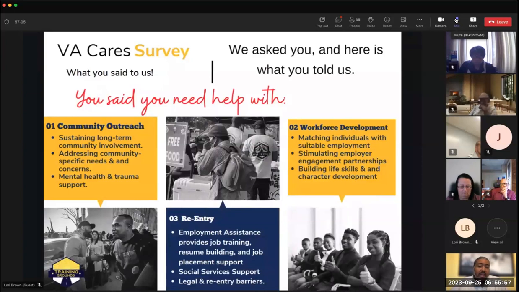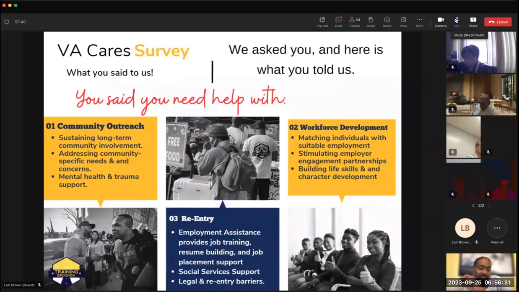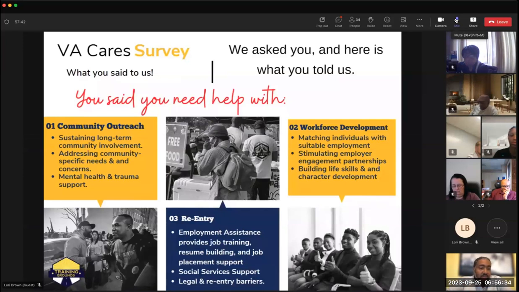You also said that you need support with respect to workforce development, matching individuals with suitable employment. Not just casting a net saying, here are jobs that are out there, but really identifying unique skill sets and making sure that there's a suitable and sustainable employment system in place. As well as stimulating employer engagement partnerships, making sure that we have partners that are committed to our communities and are willing to support and invest in our communities with respect to employment.